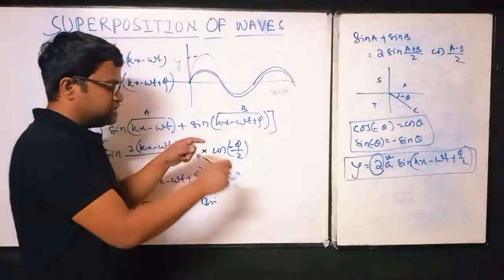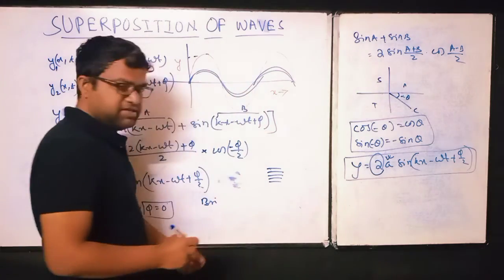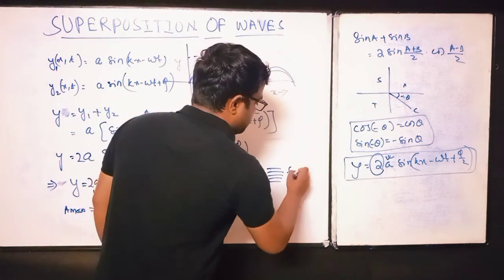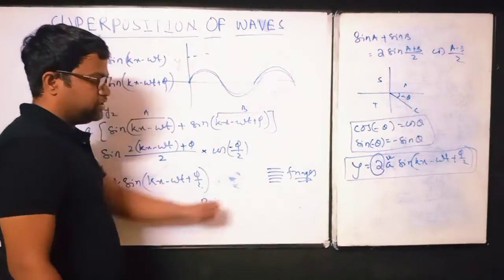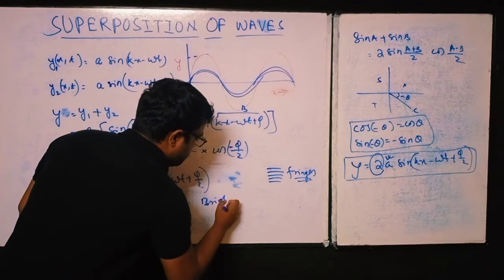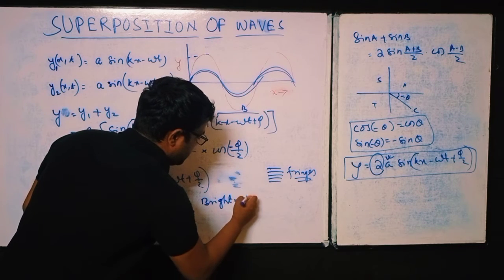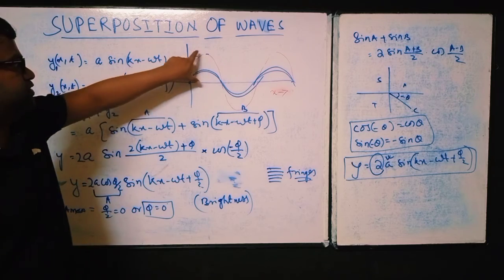When two waves interfere, you get dark and bright fringes. In the light chapter we will discuss this in detail and calculate the fringe width. Here you get brightness because the amplitude is maximum.